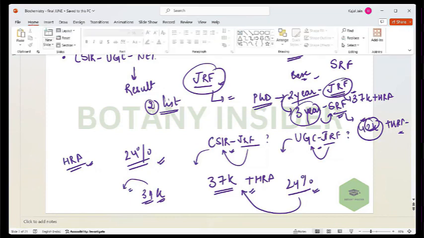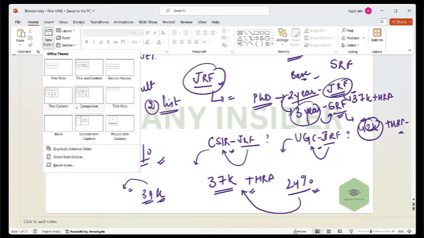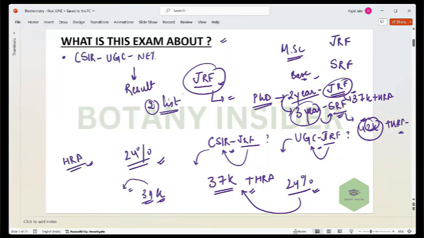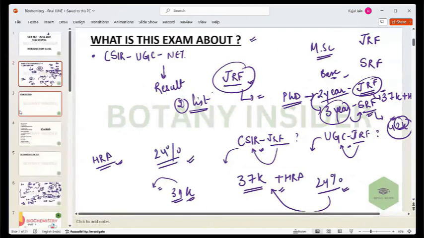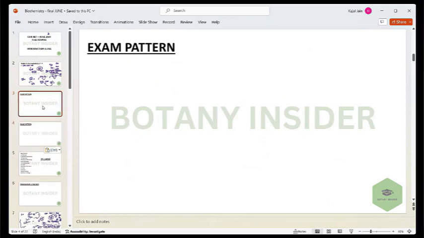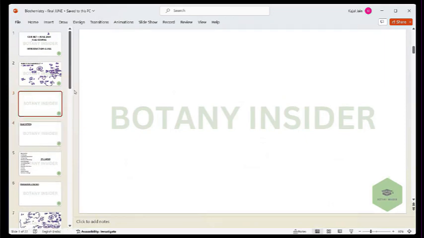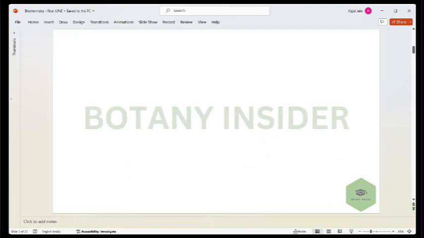Next thing, there's one more thing which is your LS, right? You all must have heard about this particular thing, that we have something called LS also. So what is LS all about? When the examination results are announced, a student can qualify the examination at two levels. Okay. What are the two levels of examination qualification?